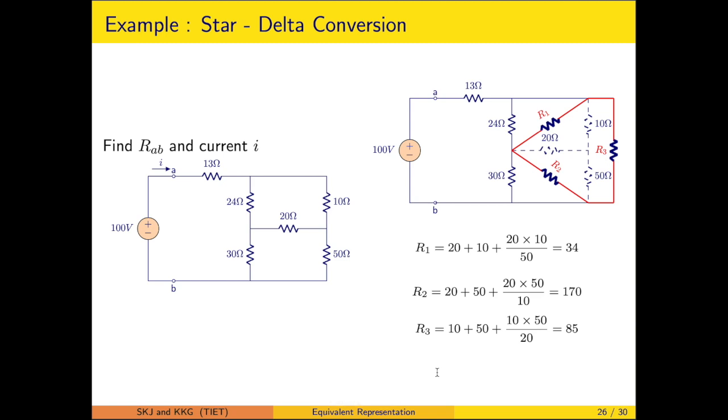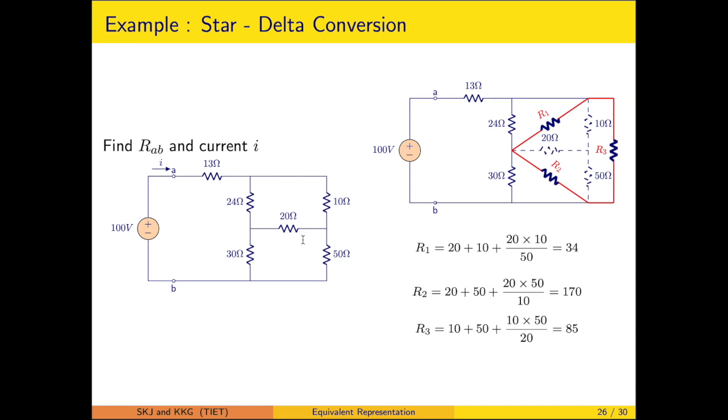Now take one example where we are interested in finding out the RAB first and the current I. Have a careful look: we cannot solve this simple circuit by the star delta combination alone, and we cannot obtain the equivalent RAB by the series parallel combinations.